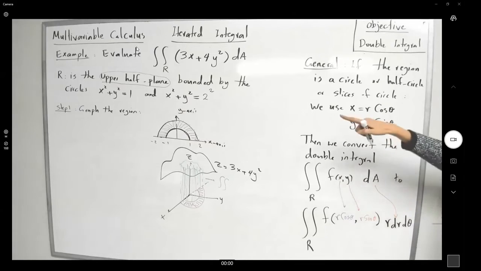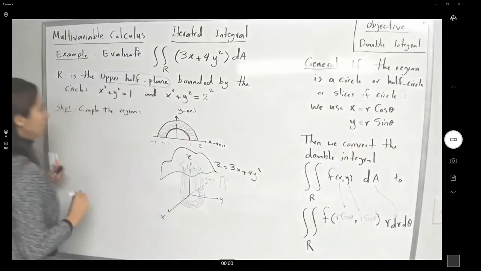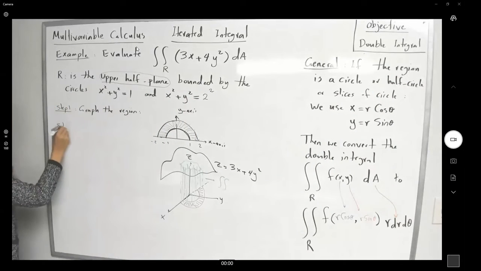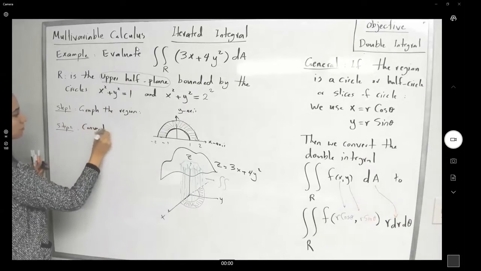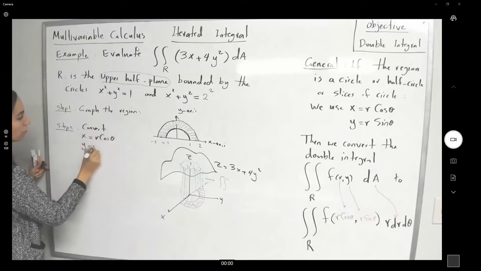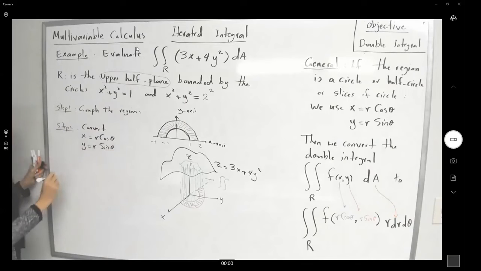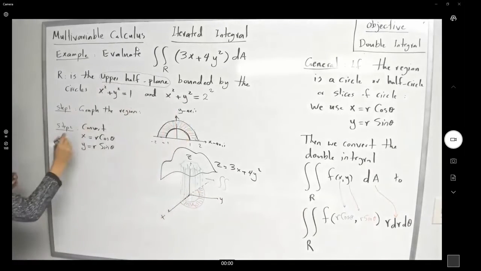So let us use the new formula for this example and try to solve this. Very well. Step 2. Convert x to r cosine theta, y to r sine theta, and dA is r dr d theta. Okay, let's see.